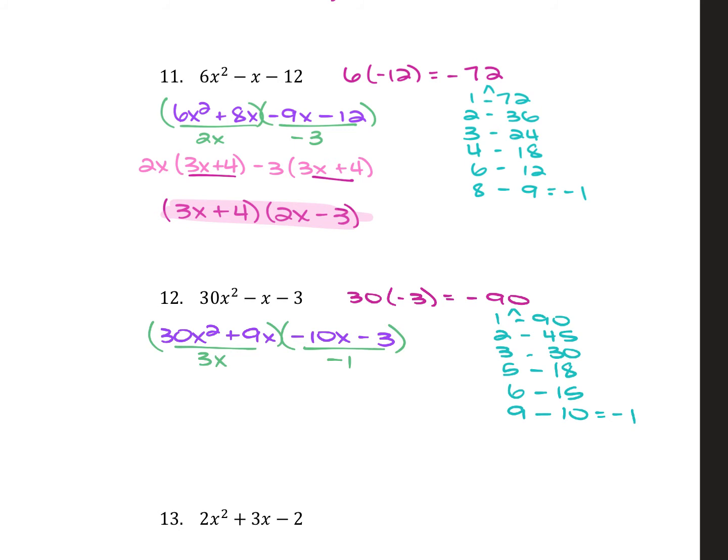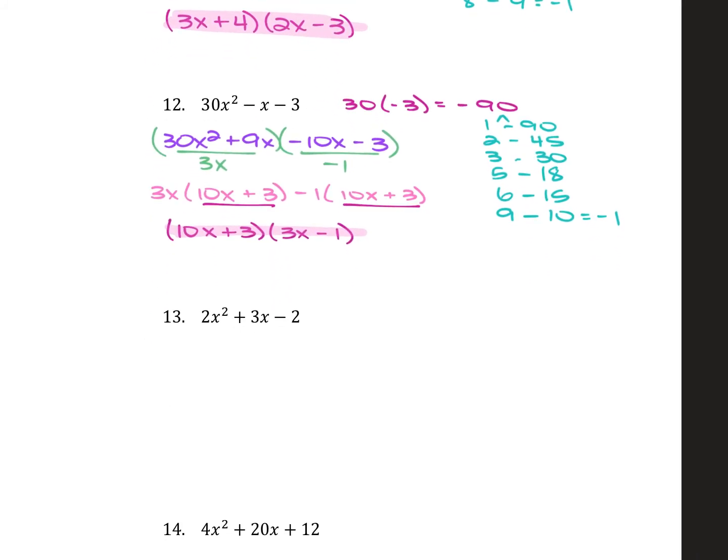From here, this is going to give you 3x times 10x plus 3 minus 1 times 10x plus 3. Your two sets of parentheses are identical, so that just gives you 10x plus 3 times 3x minus 1.